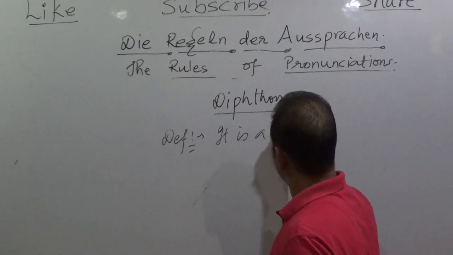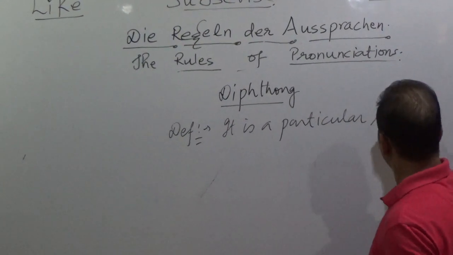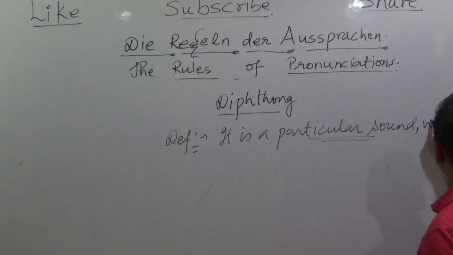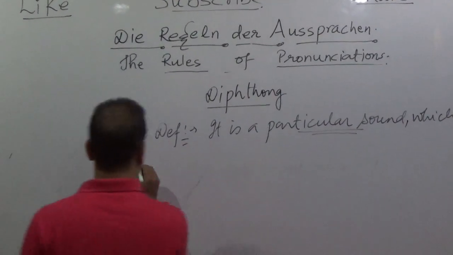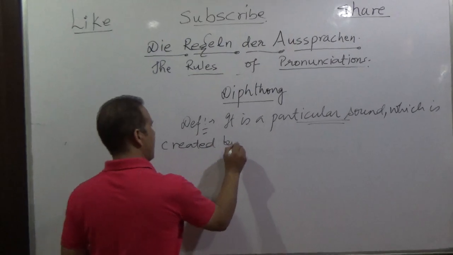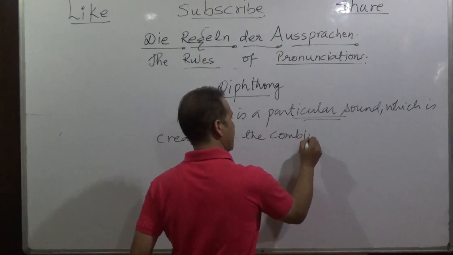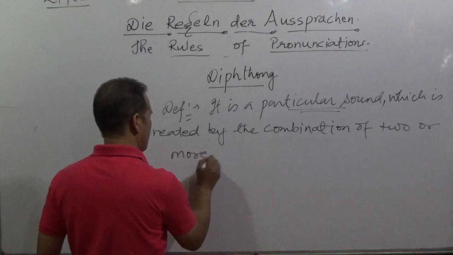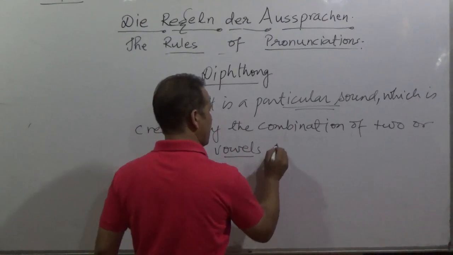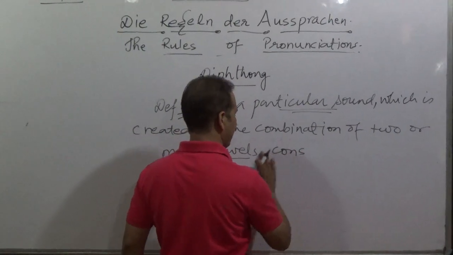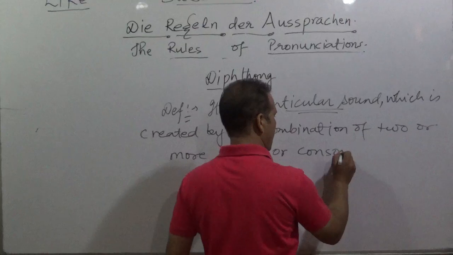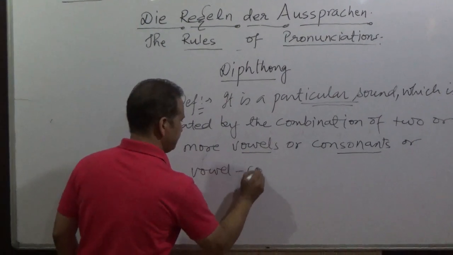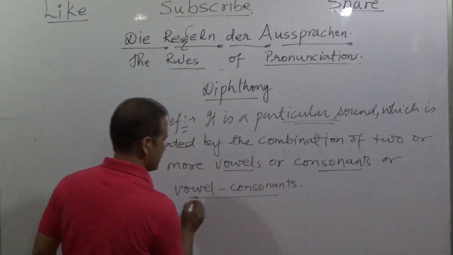A diphthong is a particular sound created by the combination of two or more vowels, or consonants, or vowel and consonants.